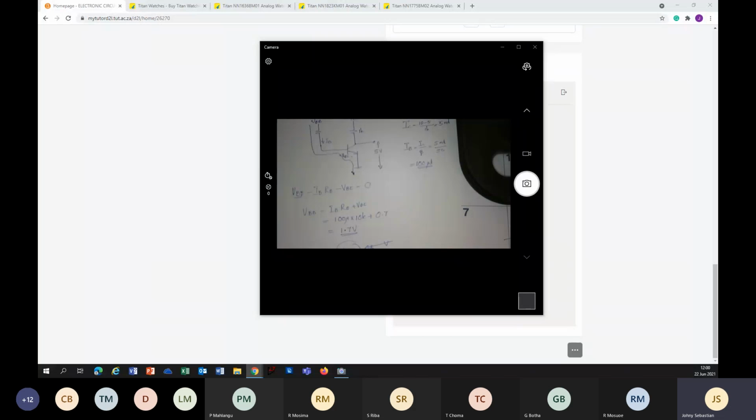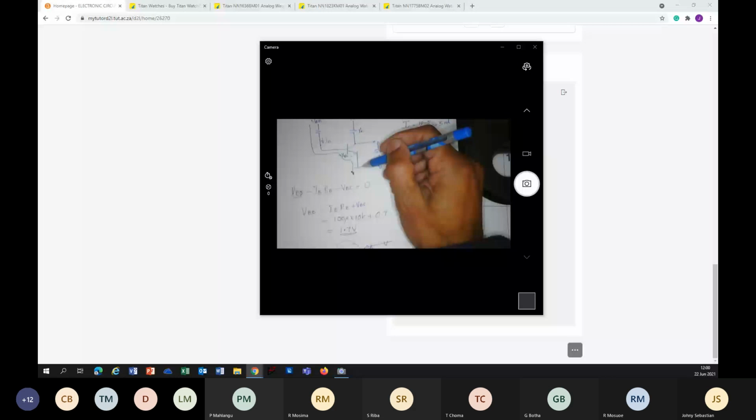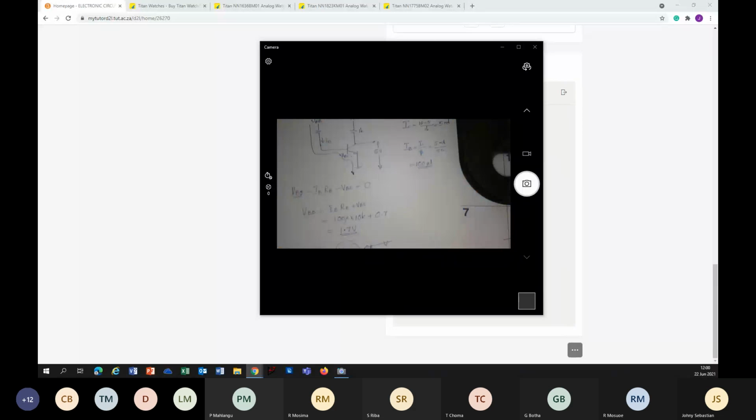The value of VCE could be anywhere between 0 up to 10, anywhere. But if VCE equals 0.2, it says saturation.